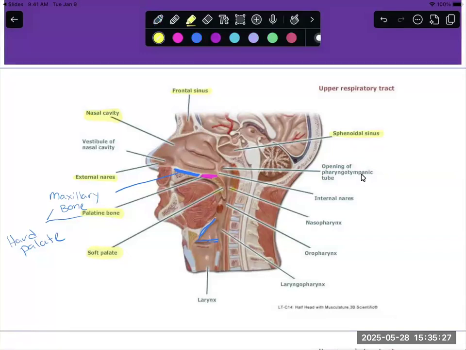Okay, our pharynx is the way back portion, and it's separated into three separate cavities. We have the nasopharynx for part of that nasal cavity, the oropharynx for the back part of the mouth, and then we have the laryngopharynx, which is further down where we're getting close to that larynx, that separation between the trachea and the esophagus.